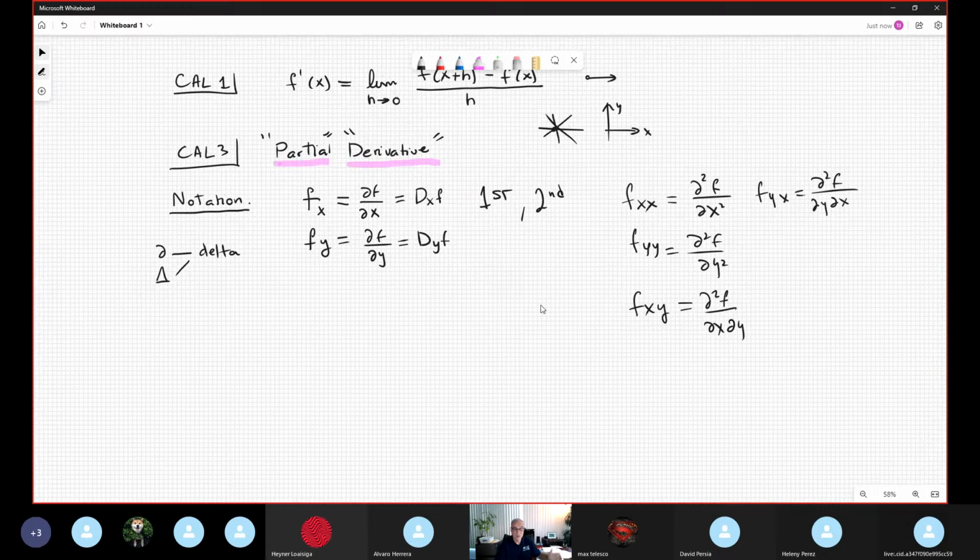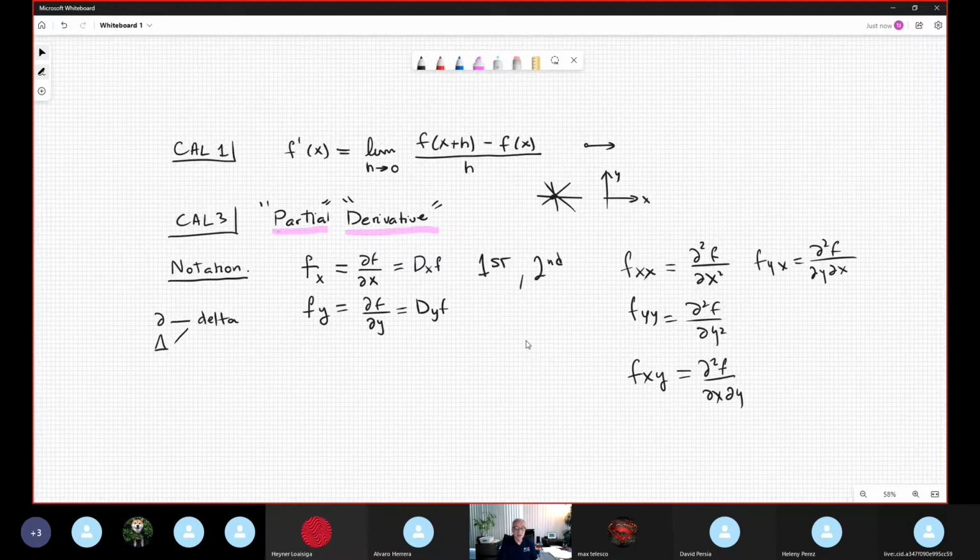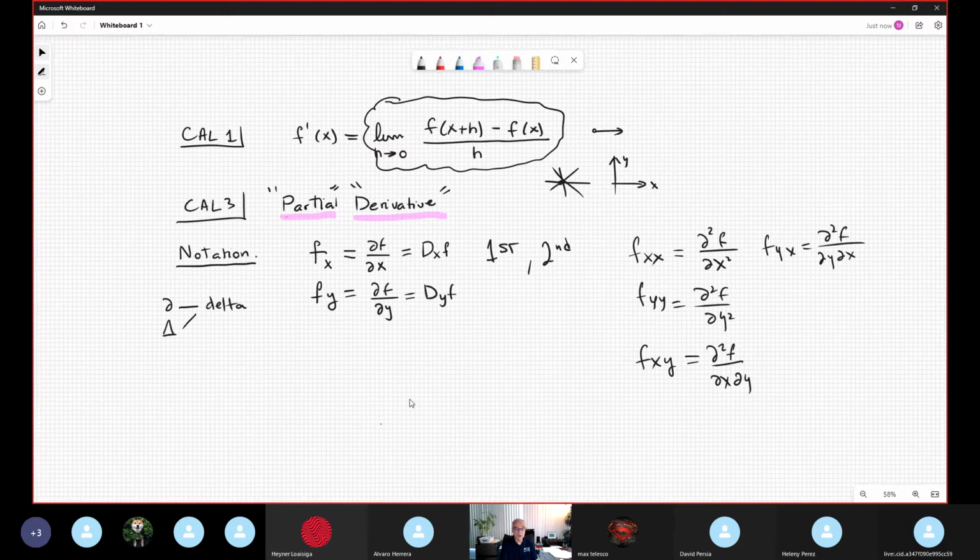What is the definition? It's exactly the same definition as in Cal 1, and the partial derivative is exactly the same definition, but in only one direction. So what is the partial derivative with respect to x, for example?